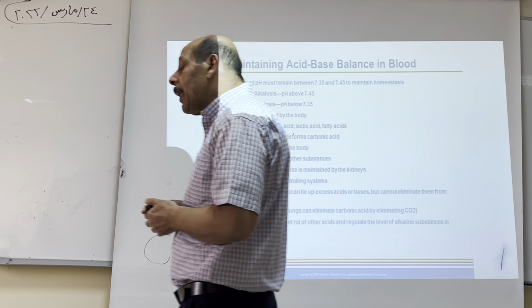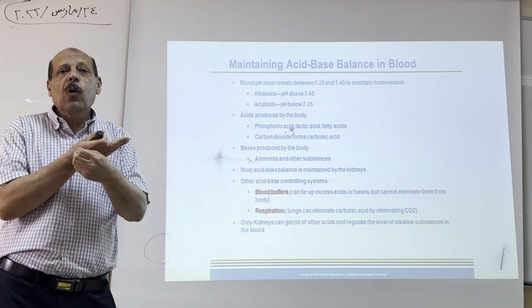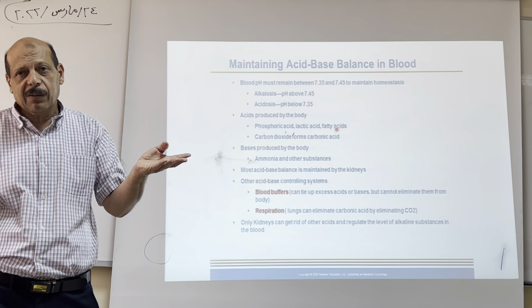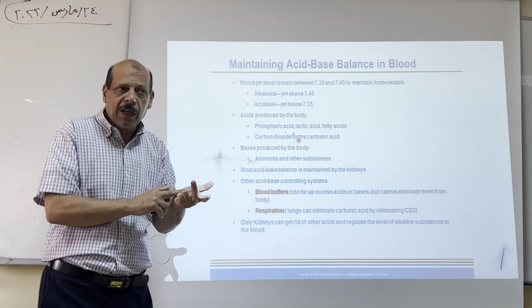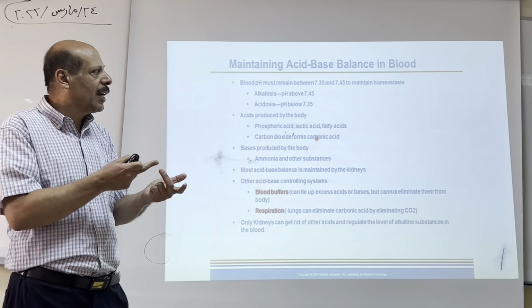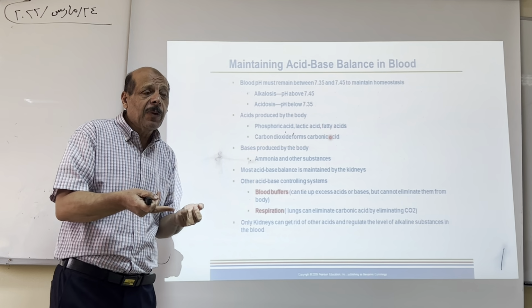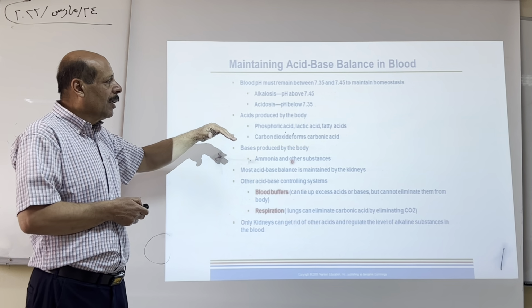By maintaining that level, it will help in all processes within our body: the effect of the hormone, the effect of enzymes, the proper function of hormones and enzymes, and proper metabolism will happen properly at that pH.